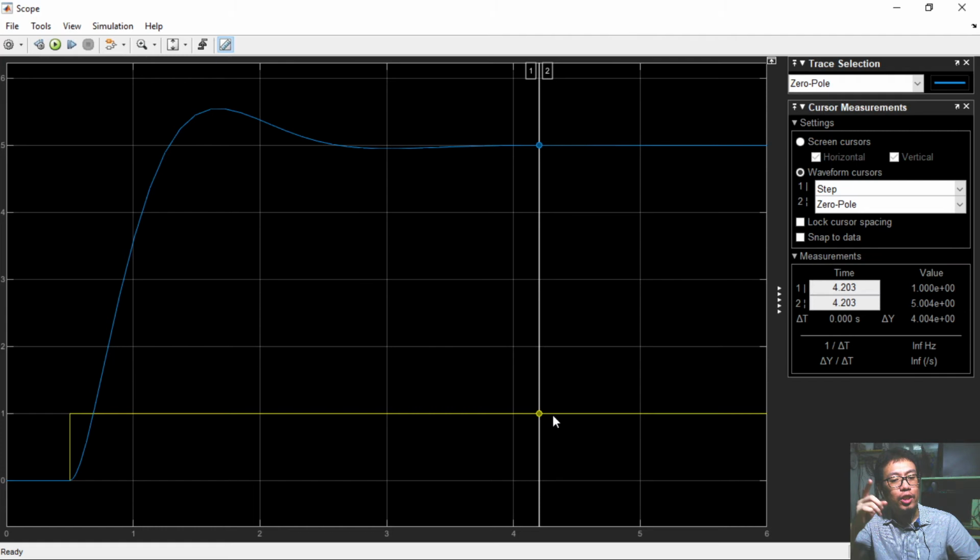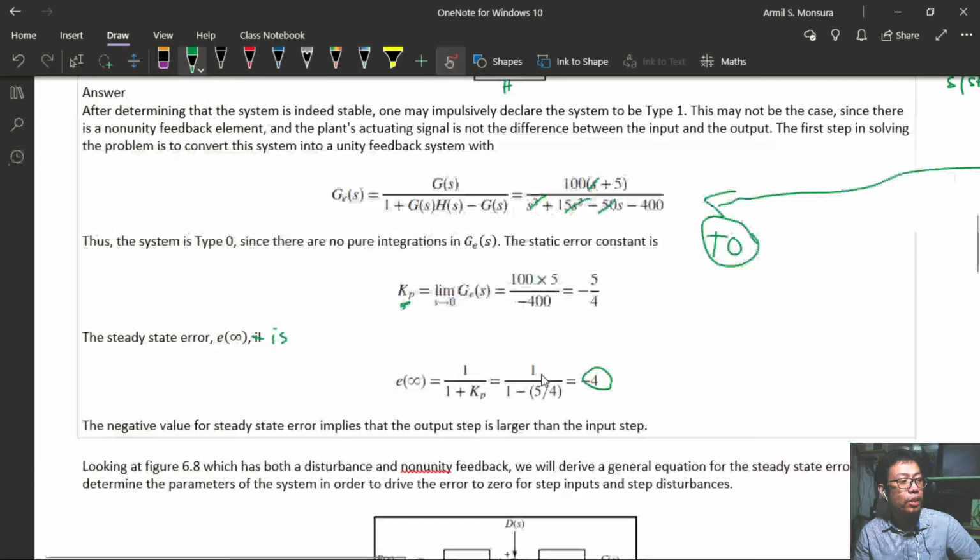The value of your input is 1, the value of your output is 5. So 1 minus 5 is negative 4. The implication of a negative error is that your output is higher than the input. The gap is the absolute value. So that verifies our computation that your error is negative 4.